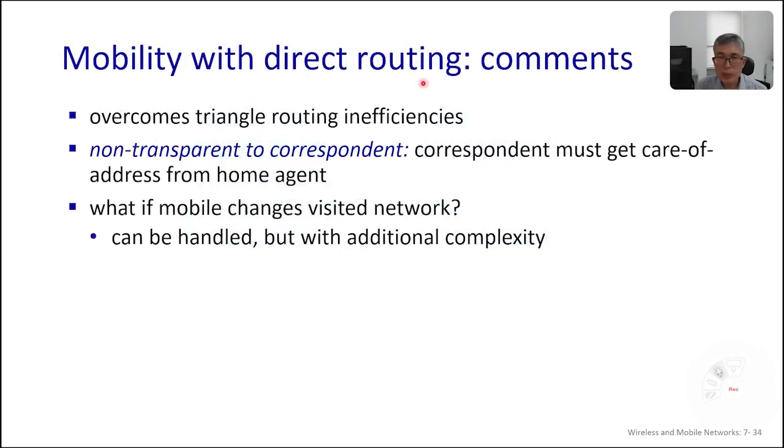Mobility with direct routing overcomes the triangle routing inefficiencies, but it is non-transparent to correspondent nodes, meaning correspondent nodes must get the care-of address from the home agent, which means the currently allocated IP address of the mobile device. What if a mobile device changes between networks? This is a handover scenario. It should be handled, but with additional complexity.